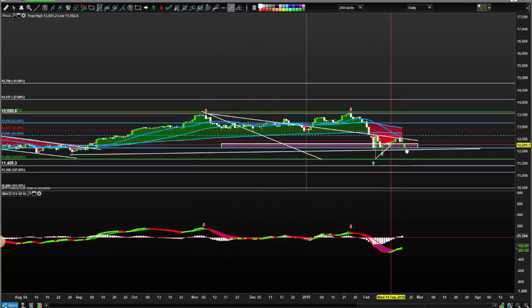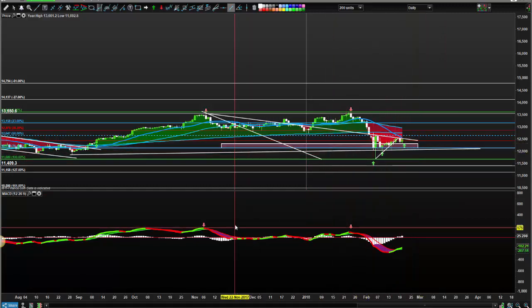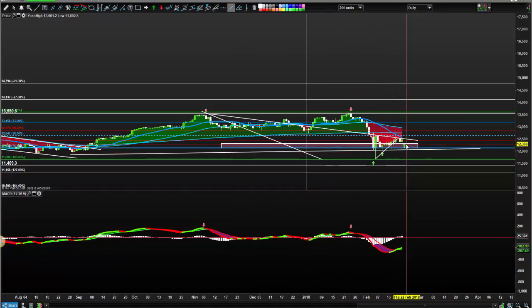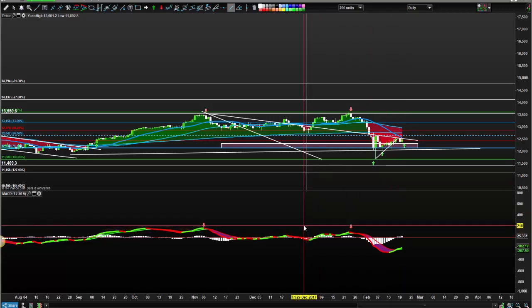I've got this trend line here. We've pushed into that 50-day moving average, and at the moment we are failing, but we're sitting on this buyer zone here. So as long as this holds, which is 12,300, then I think the markets could do okay.